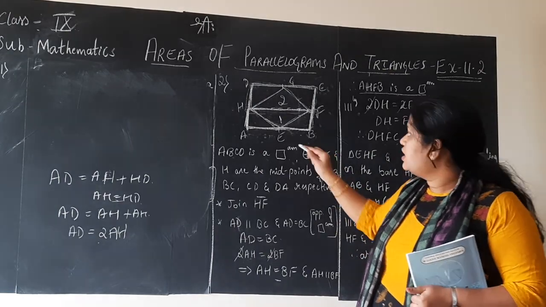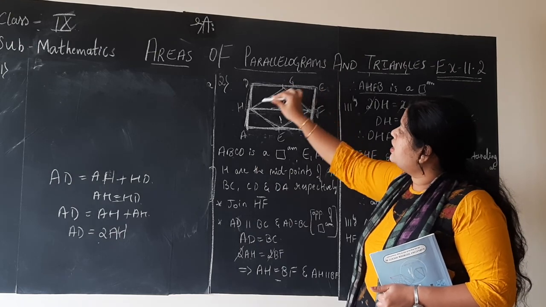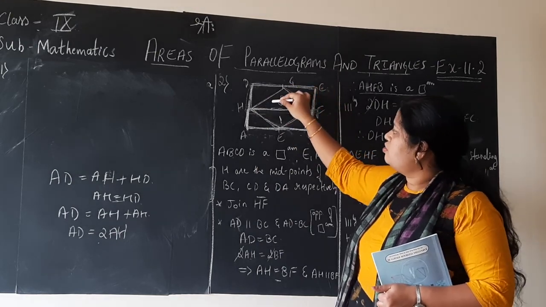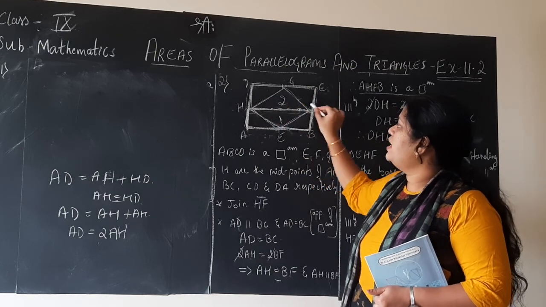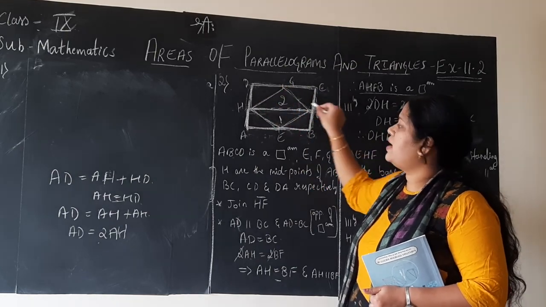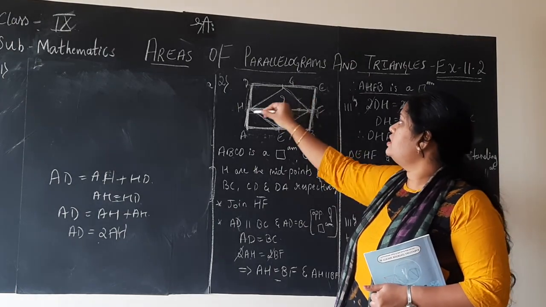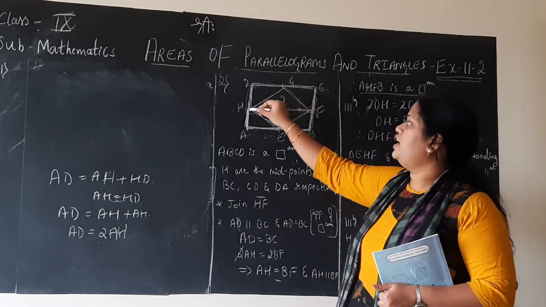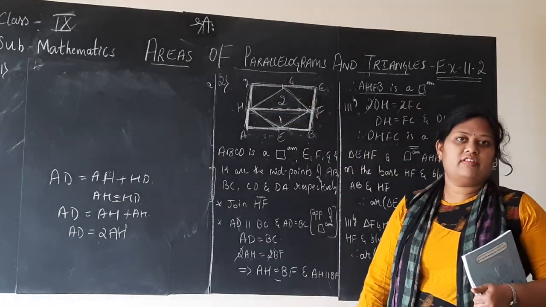That is, if we consider the parallelogram FHDC and one more triangle GHF, this triangle as well as this parallelogram are standing on the same base HF and between the same parallels CD and FH. Therefore, area of this second triangle FGH is half of area of HDCF.